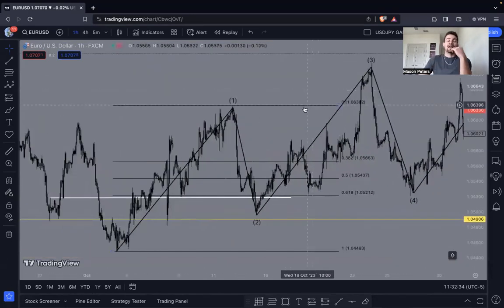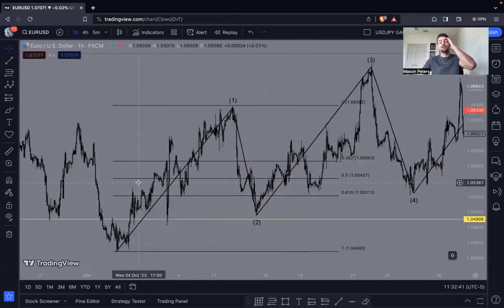So that's an in-depth way of using the Fibonacci tool, is finding that retracement level in confluence with structure of the past. This is one of the best ways to use Fibonacci.